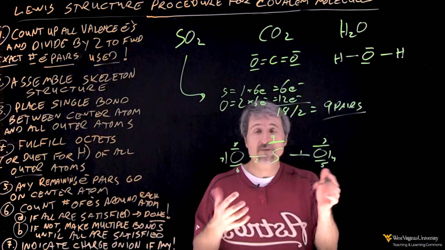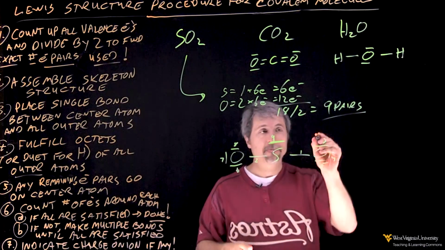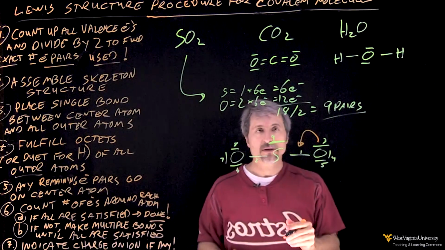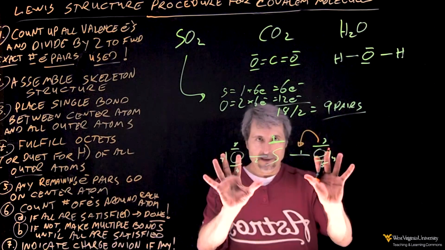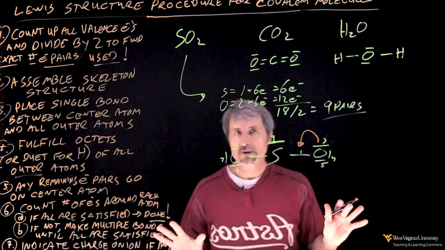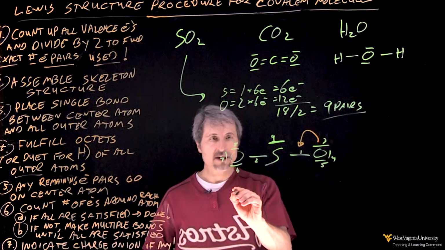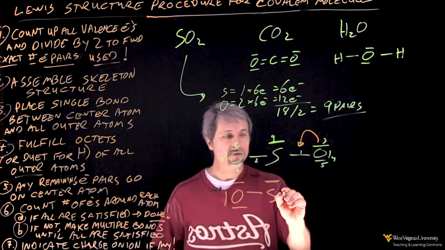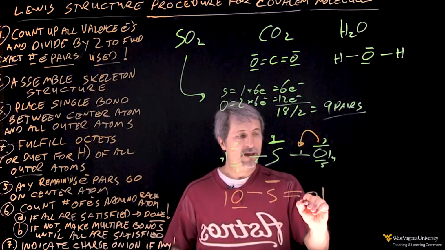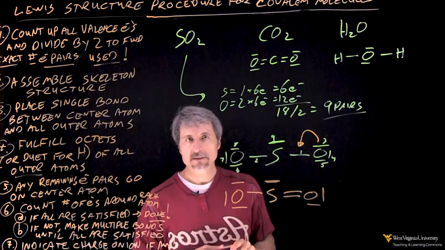You can pick whichever lone pair you want to contribute, as long as you keep track and make sure that everybody has their correct number of electron pairs. So this oxygen ends up being that. The lone pair stays on the sulfur, and now we're going to make a double bond on this oxygen.